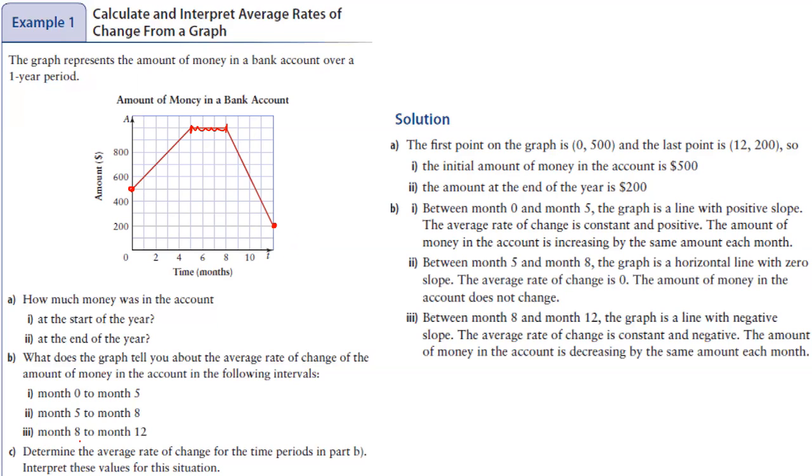And then from month 8 to month 12 is the last section, right? In the last section between month 8 and month 12, the graph is a line with negative slope. The average rate of change is constant and negative. The amount of money in this account is decreasing by the same amount each month.